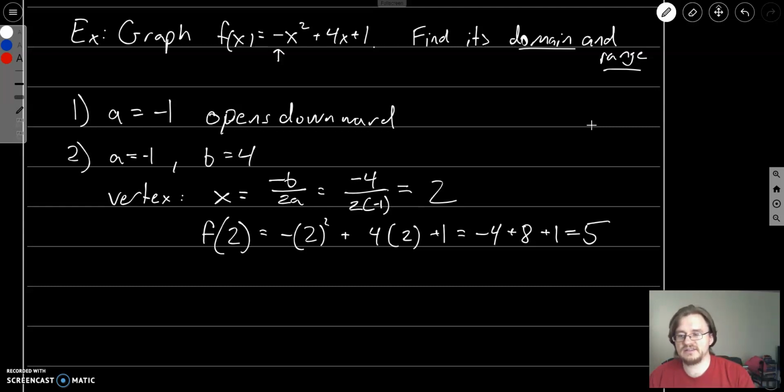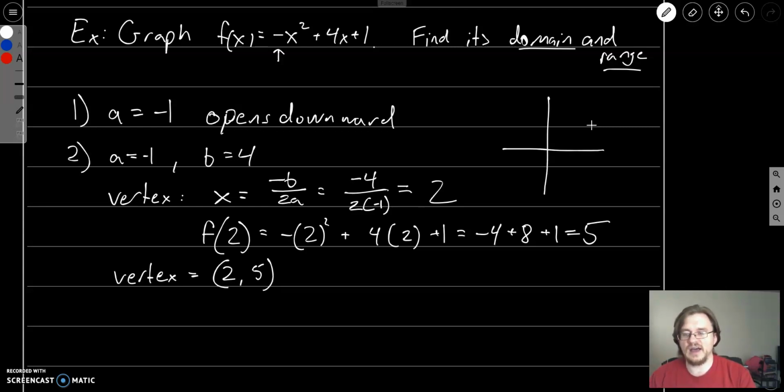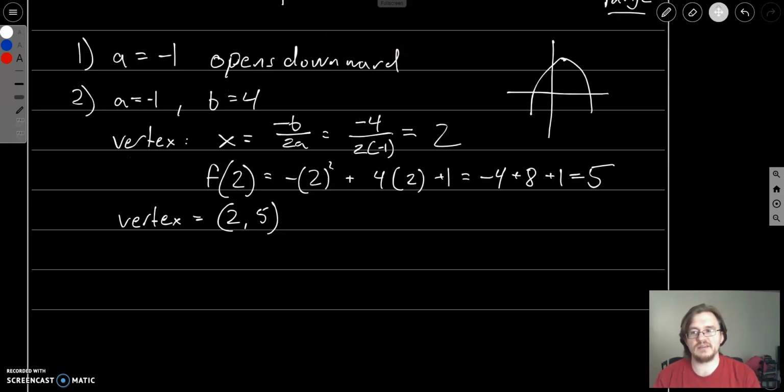So the vertex is going to be at 2, 5. And again, for a very rough sketch of what's going to happen, our parabola is going to open downward at the point 2, 5. So something like this. So we'll expect 2 x-intercepts and 1 y-intercept.